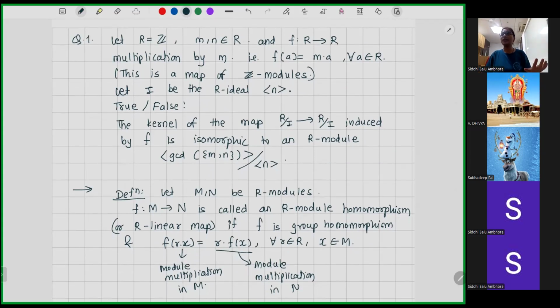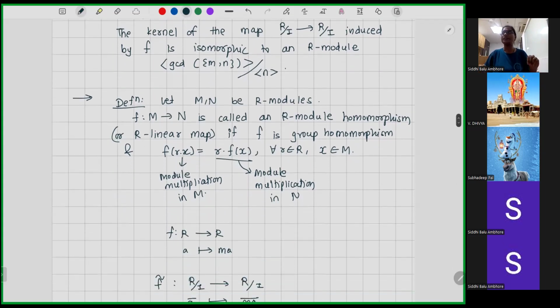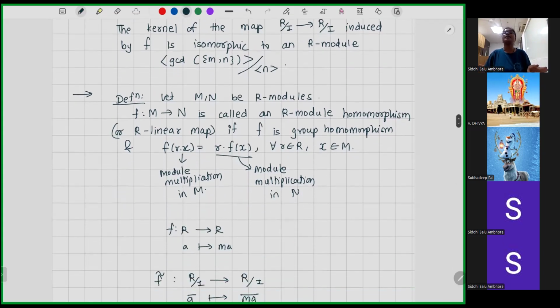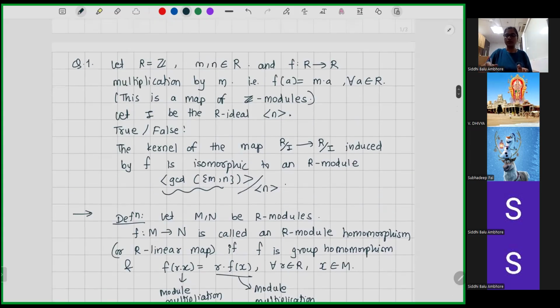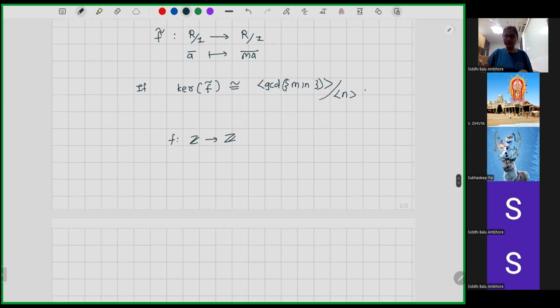We will see a few examples and see whether this is true or not, and if not, what exactly is the structure of this kernel. They are asking whether this kernel is related to the GCD of M, N which we chose in the beginning.